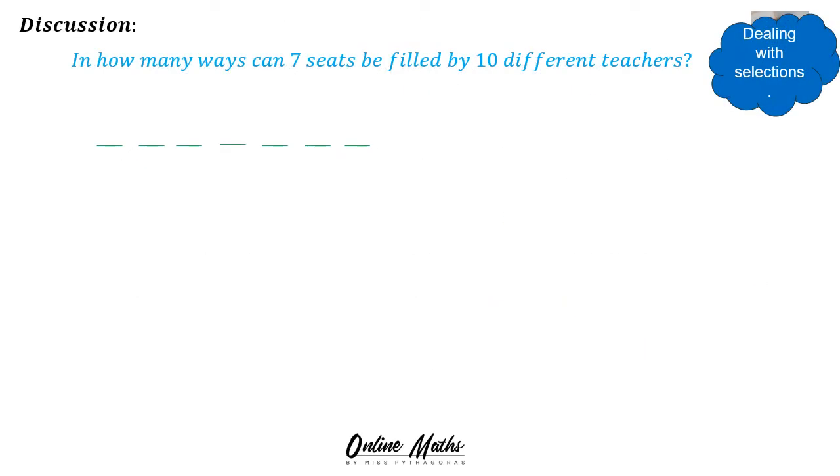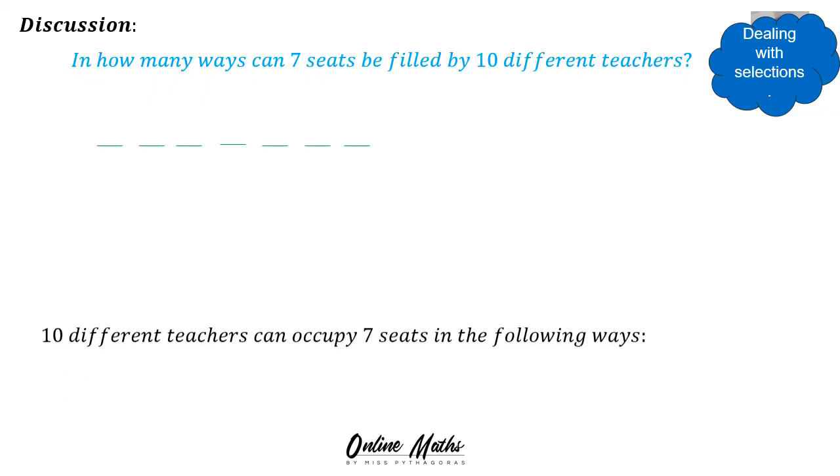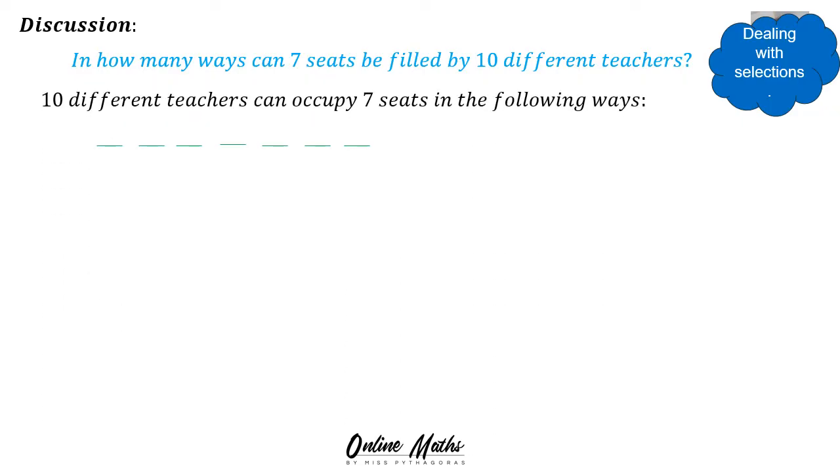Let's look at the discussion. In how many ways can 7 seats be filled by 10 different teachers? Now there's your 7 seats. Do you agree? 10 different teachers can only occupy 7 seats in the following ways: 10, 9, 8, 7, 6, 5, 4.